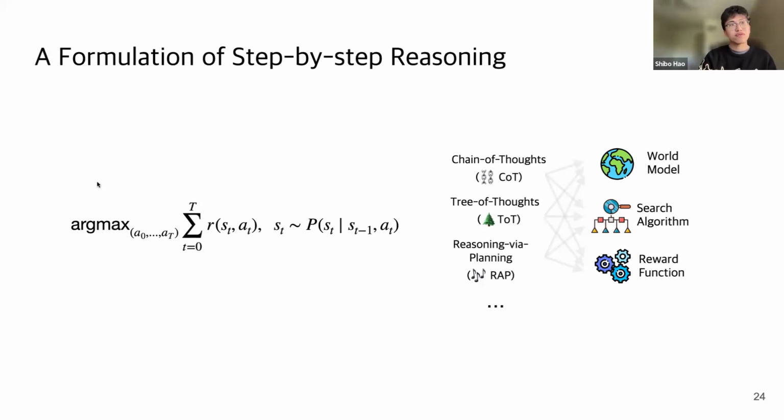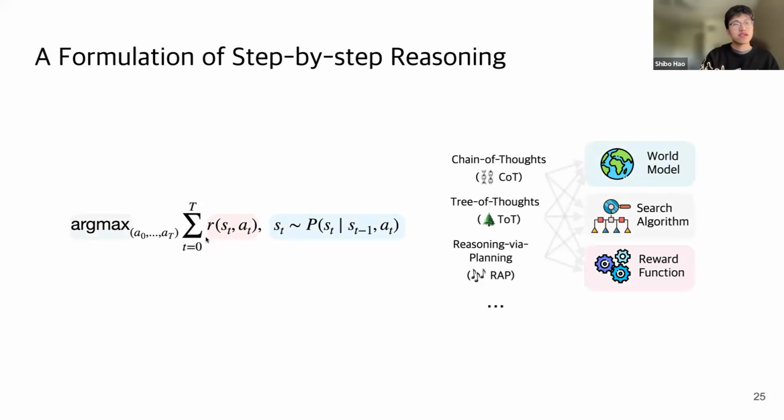So basically, we can write down the same objective for all of these reasoning algorithms. There are three parts we should focus on. This objective says we should optimize the sum of rewards over all the reasoning steps.